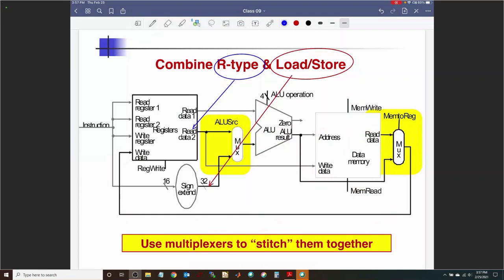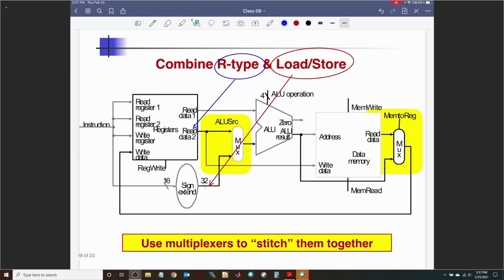R-type instructions don't have anything to do with the memory. They don't need to go to the memory. They can bypass it. Exactly what is happening, right? That's the ALU result. And when you are doing load or store, you're going to pick this one. Where is the read data?